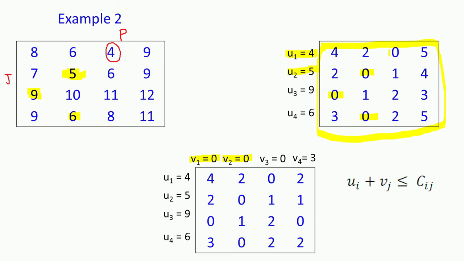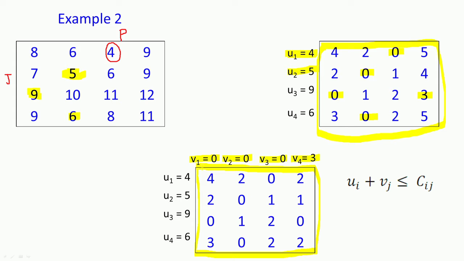For the third column, 0 is the minimum, so v3 is 0, and for the fourth column the minimum is 3. So, we write v4 equal to 3 and subtract the column minimum to get the new matrix, which will have at least one 0 in every row and in every column.